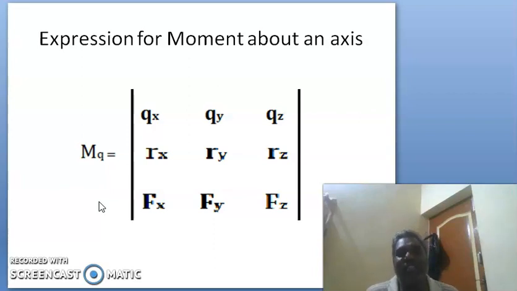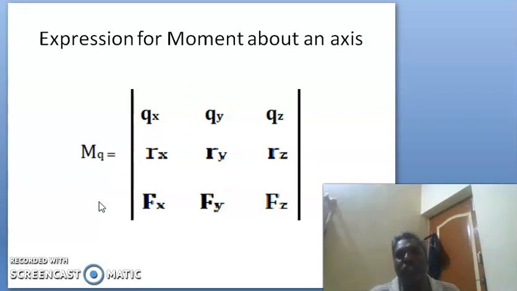However, this is statics, which means in whichever direction you apply a moment, what we are going to get is a reaction moment or reaction couple only about that q axis. That's what happens in statics.